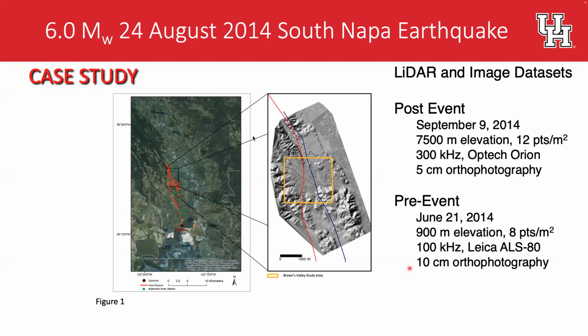The earthquake happened on August 7th. We were contracted by USGS to come and collect post-event data about a month after the earthquake. So now we have a high-resolution data set right before and right after the earthquake, both imagery and LiDAR.